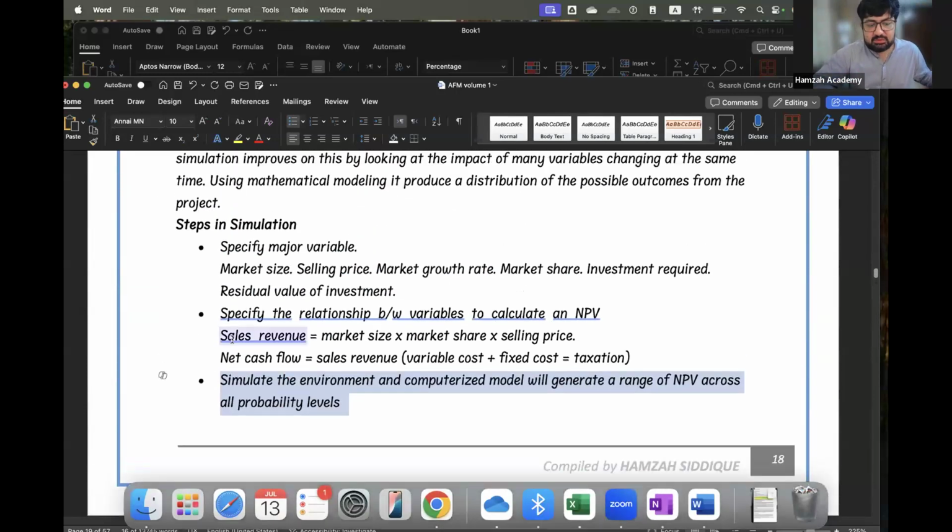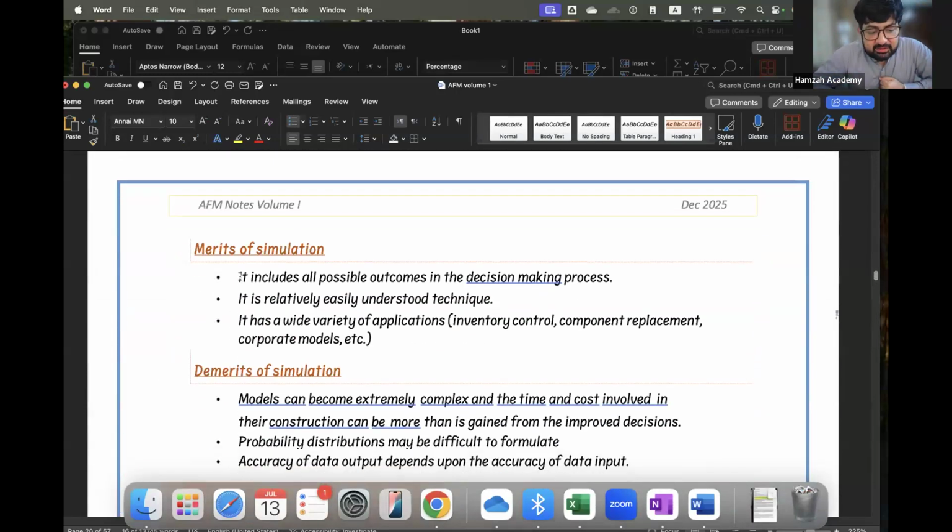Now, students, the merits of simulation. It considers all possible outcomes. Its calculation is not part of your syllabus, only some theoretical discussion is. It has multiple applications because it is a very sophisticated model. It simulates everything.